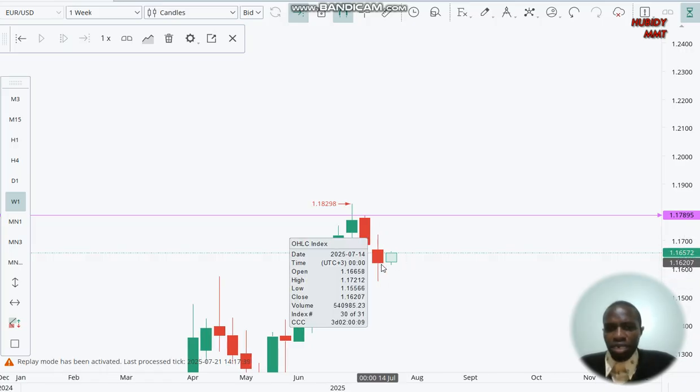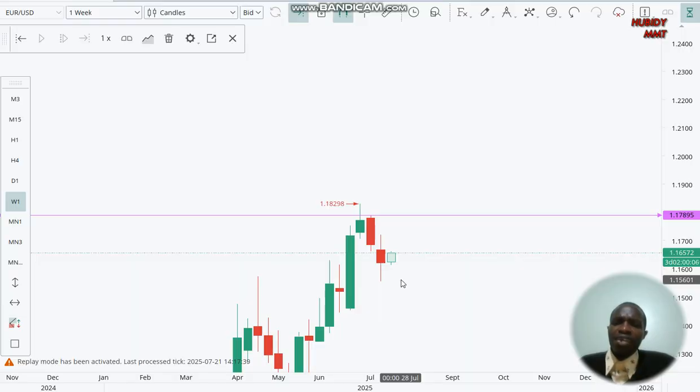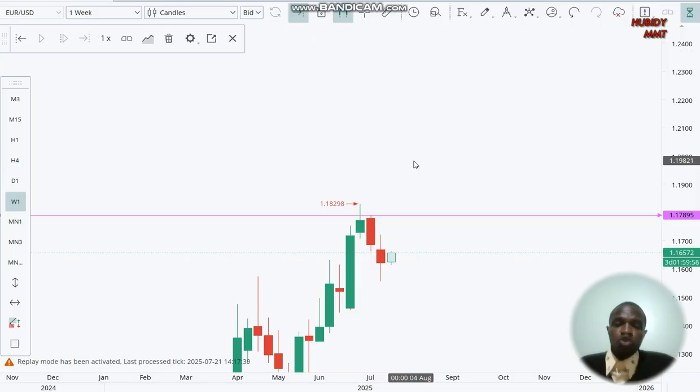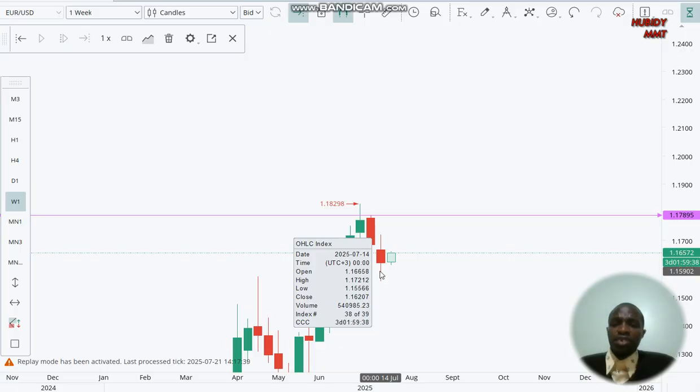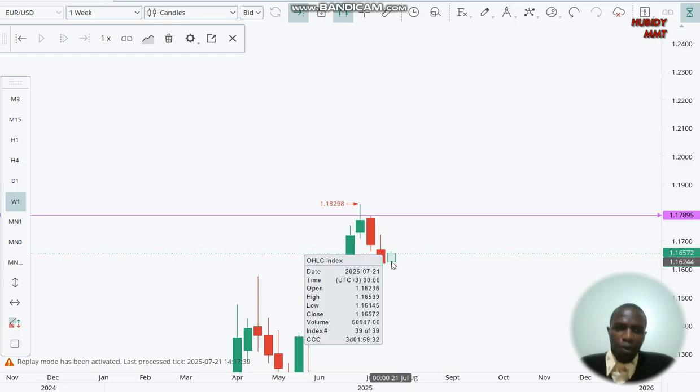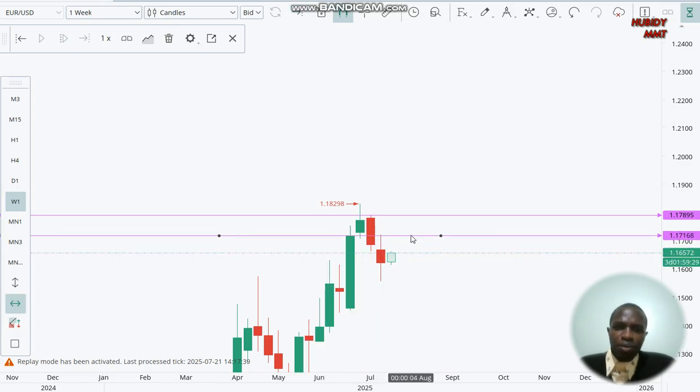But coming to this week, we have introduced something called advanced bias. We are saying if we are to continue trading Euro USD as a buy to meet our monthly expectation, which was that we are expecting either the first or the second or the third month to close above our 3 months swing point, then for us to meet this expectation, let this weekly candle turn its direction to bullish. So coming to week 4, we mark the weekly candle.